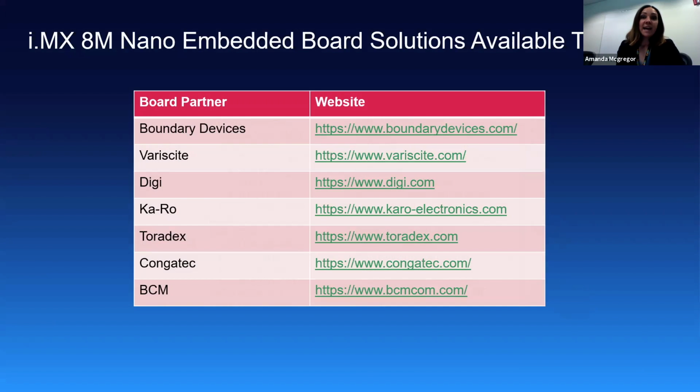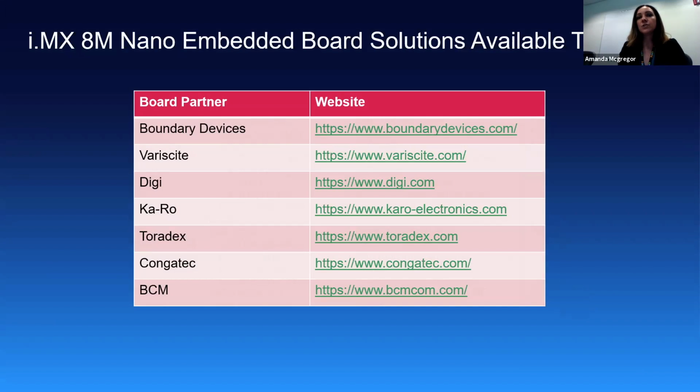We're very pleased to have our early access embedded board solution partners with i.MX 8M Nano boards available today. So we have Boundary Devices, Variscite, Digi, Karo, Toradex, Congatec, and BCM, all incredibly tight partners of NXP. We've worked with them for many years.